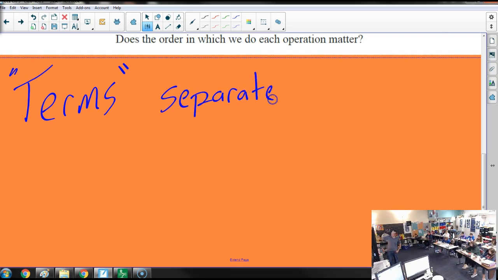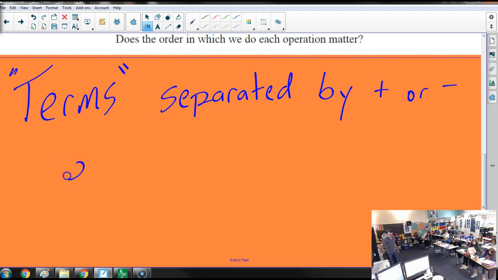Terms are separated by addition or subtraction, but not multiplication or division. If 2 things are multiplied together or 2 things are being divided by each other, they're a single term.